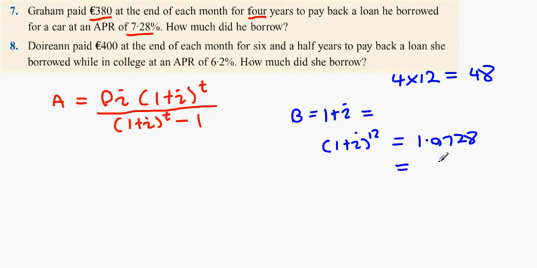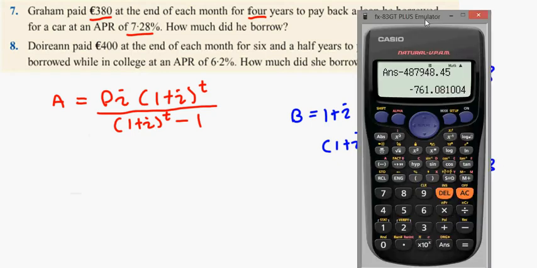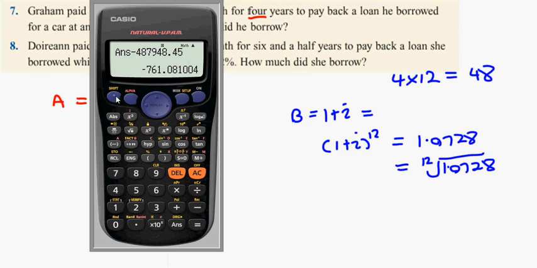So we do the 12th root of 1.0728. So shift, 12th root of 1.0728, and we get 1.00587.